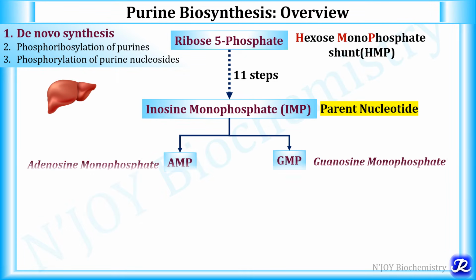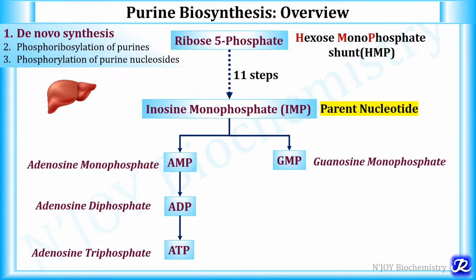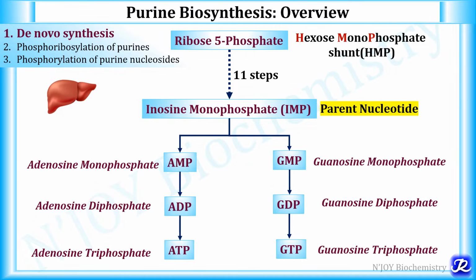So from this IMP further there is formation of AMP, that is adenosine monophosphate, or GMP, that is guanosine monophosphate. And from this AMP further there is formation of adenosine diphosphate, that is ADP, and adenosine triphosphate, that is ATP. And from GMP, GDP and GTP are formed.